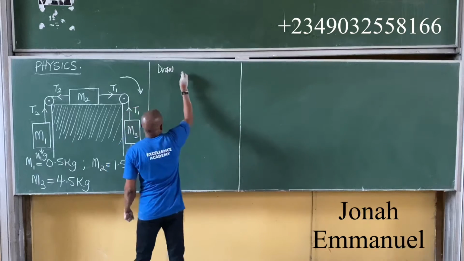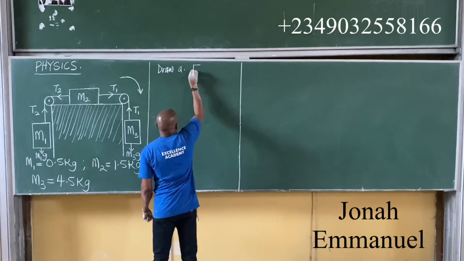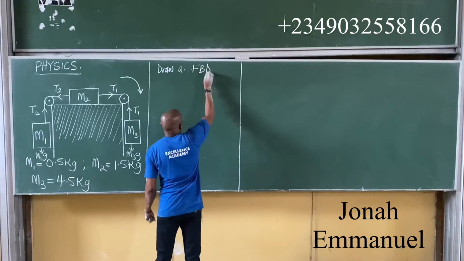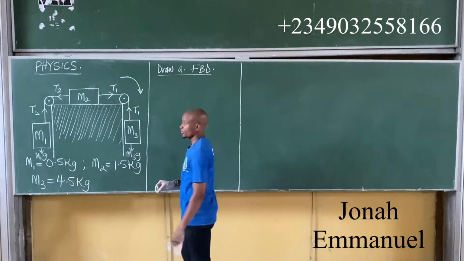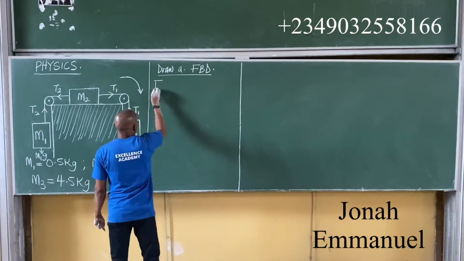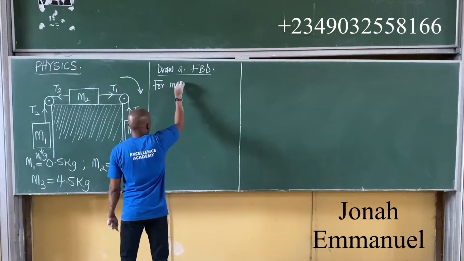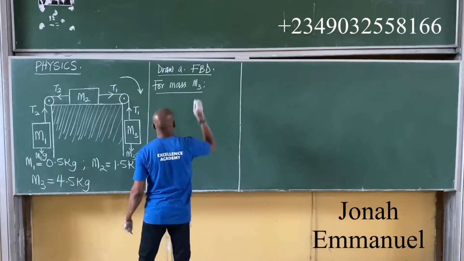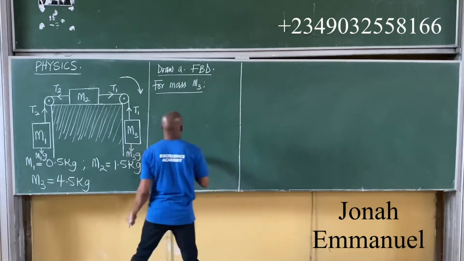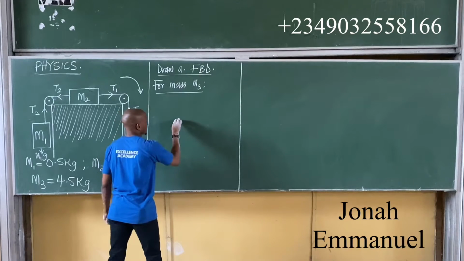Let's draw a free body diagram. Let's start with M3. For mass M3, what do I have? This becomes this.